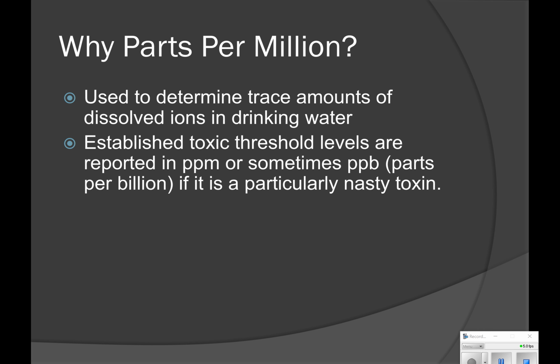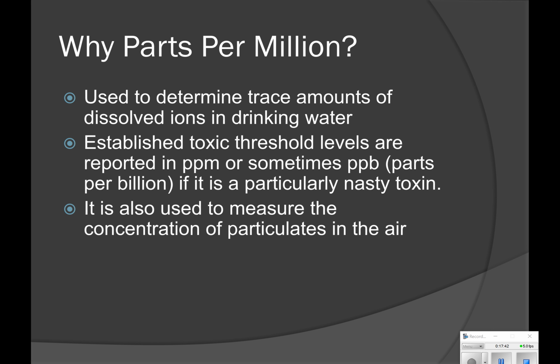Because we're going to want a lot less of that nasty toxin, and if we use parts per million, it might be a really significant number. So we kind of move our decimals around a little bit to make the numbers more manageable. It's also used to measure the concentration of particulates in the air.